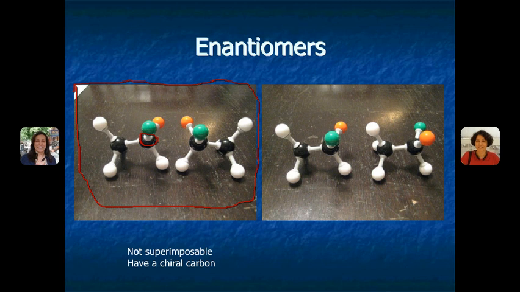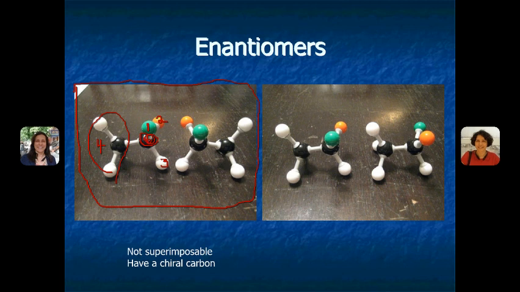So it is attached to a methyl group over here, a green atom. Let's say that that's a fluorine, an orange one, a chlorine atom, and a hydrogen atom. So 1, 2, 3, and then let's make the methyl group number 4. So that makes this central carbon here a chiral carbon.